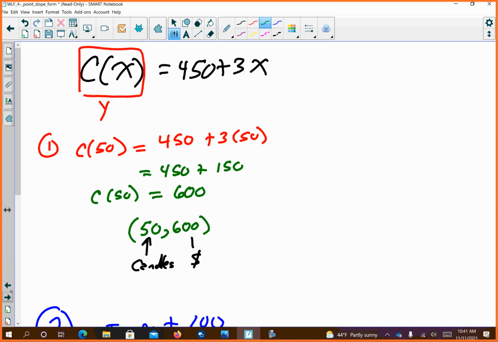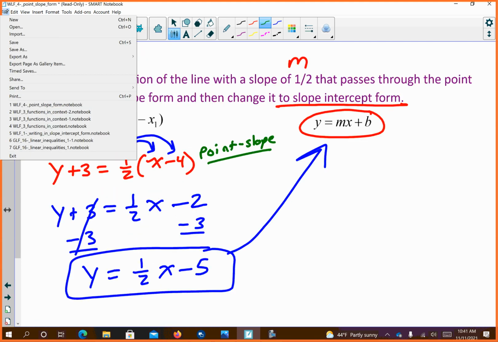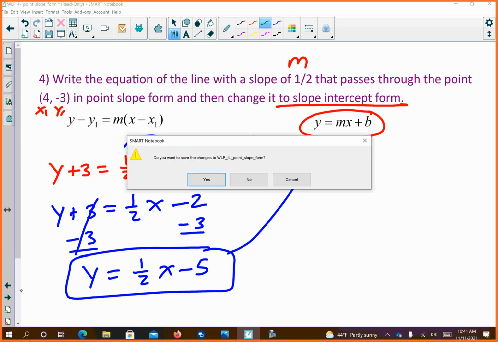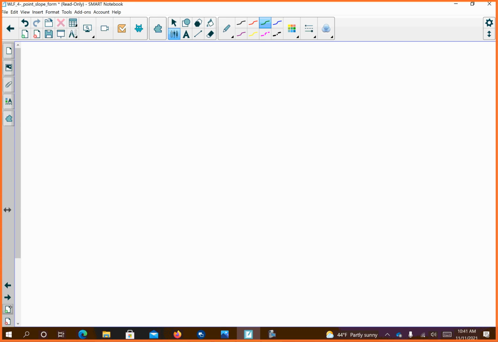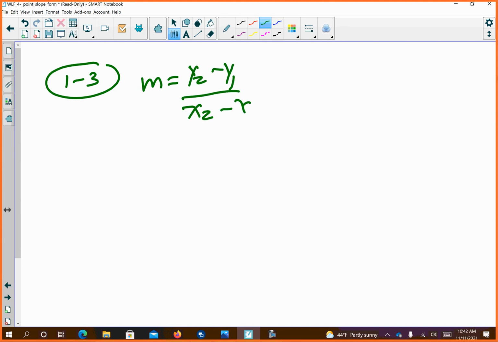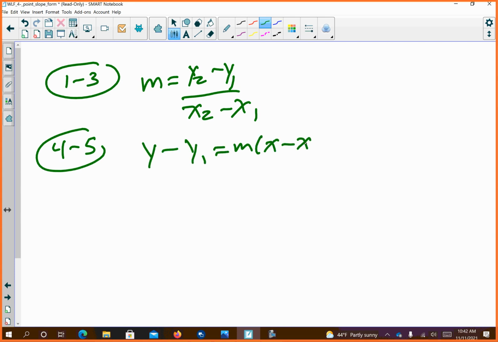Okay? Some items that you'll need for today. For problems 1 through 3, you're just going to have to use the slope equation. And then for 4 and 5, you're going to use point slope from the graph, so you can totally do that. You can find the slope by counting.